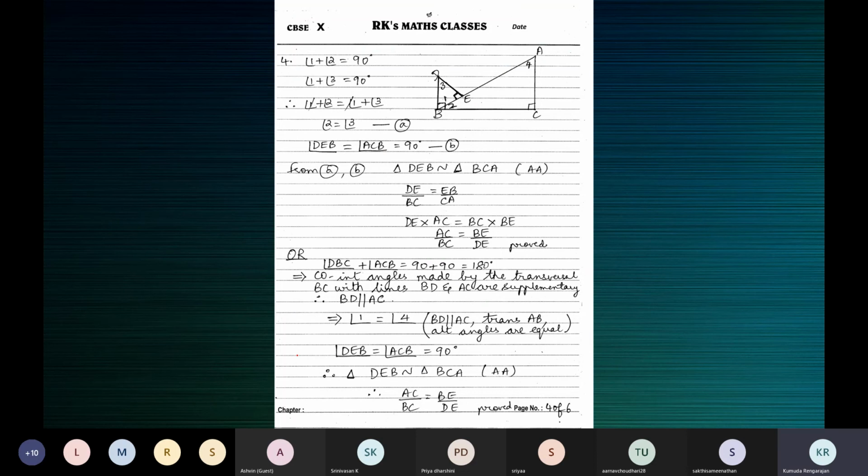Yeah, Shakti, what is it? We don't know that AC is parallel to BD, then how can we tell that they are alternate interior angles? No, she proved that the lines are parallel, no? She proved co-interior angles are supplementary, so the lines are parallel. Okay. You can work it in both the ways. I've worked it in both the ways here.